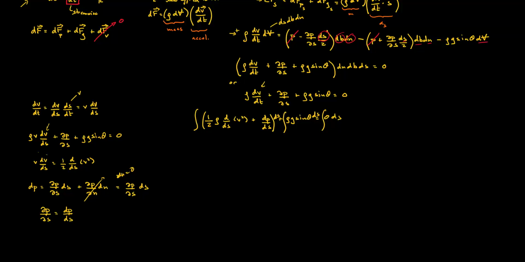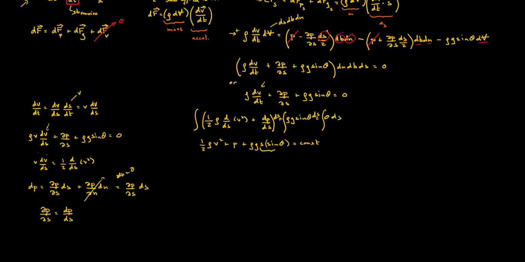So this simply reduces to 1/2 rho v squared plus p plus rho g s sine of theta is equal to a constant.